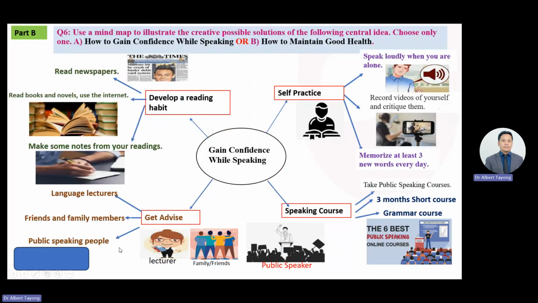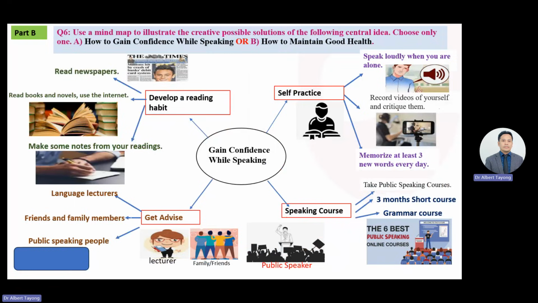Okay, so these are just examples of how you're going to gain more confidence while speaking, which is difficult for everyone. It's not easy to talk automatically about something, for example, in front of others, or when you have a spontaneous speaking engagement.